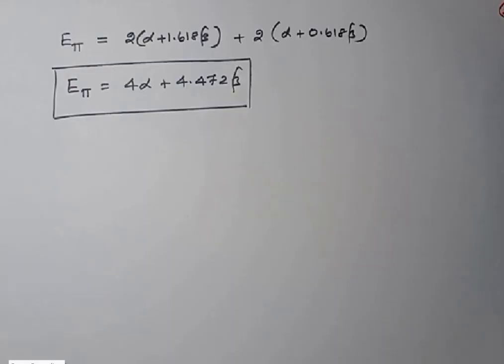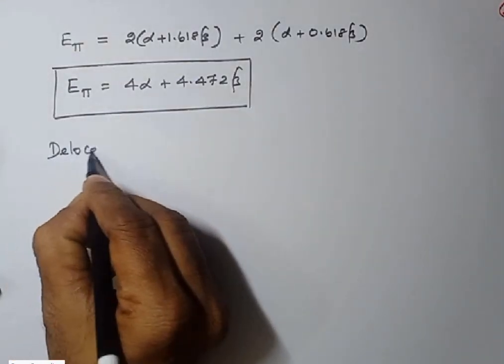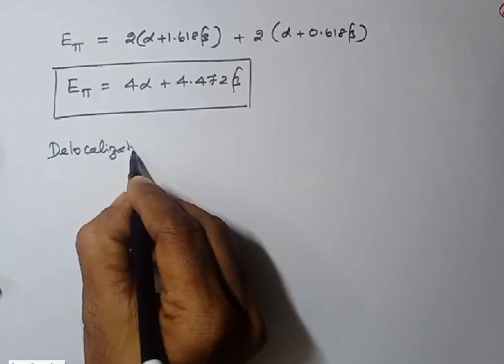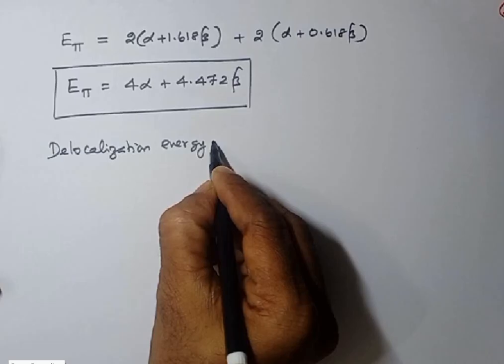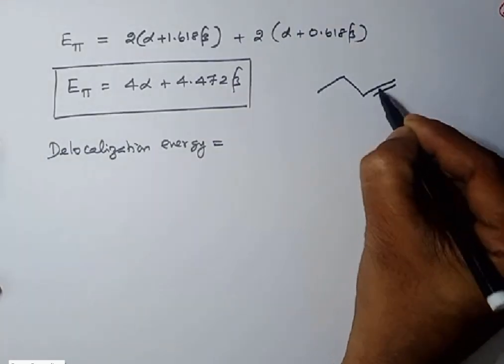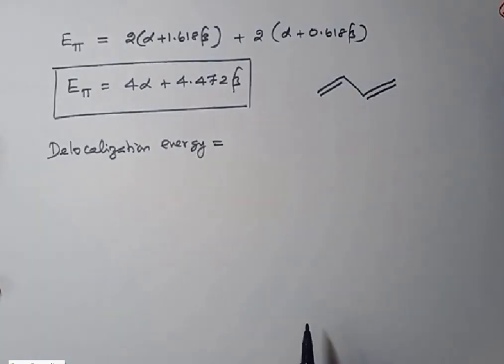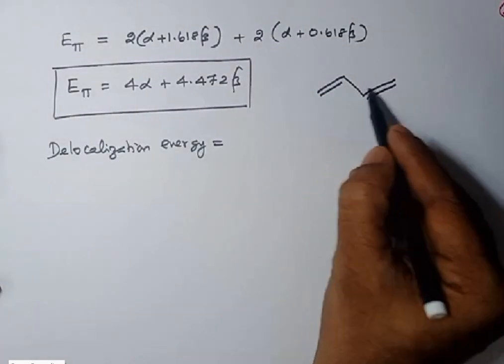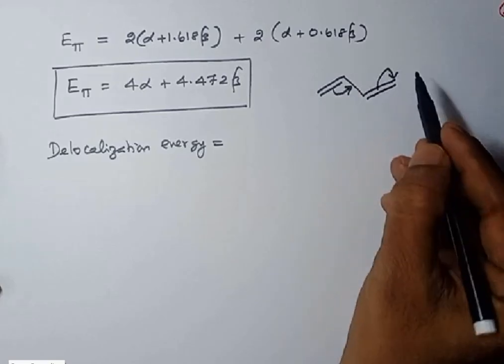Now, what is the delocalization energy? Listen carefully, this is very, very important. In 1,3-butadiene, you know very well, we can write the resonance structures.